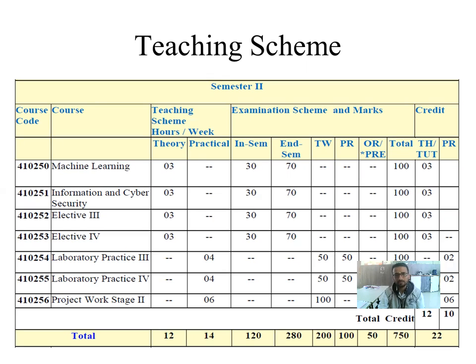In-sem will be of 30 marks, and end-sem examination will be of 70 marks. So the total weightage for this elective 4 subject, human computer interface, is 100 marks. We just have to prepare for this 100 marks, and the passing will be for 40 marks out of this 100 marks.